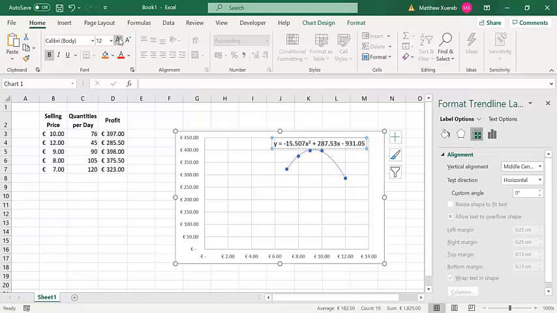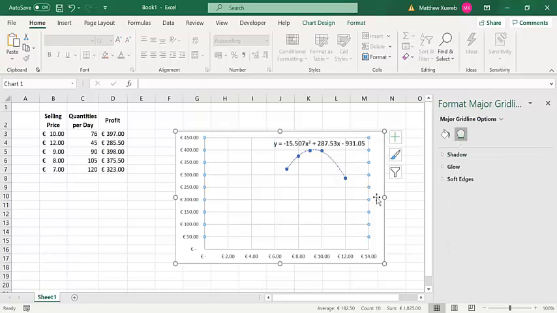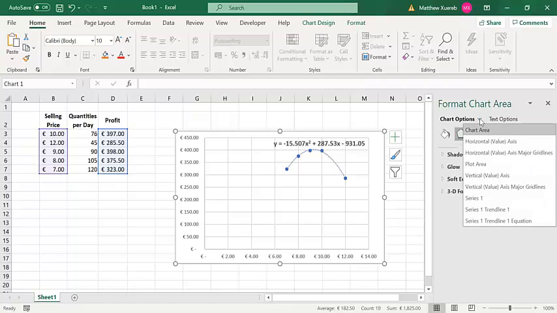Now, as you can see, the curve is only in this part of the chart. So if we want to be able to analyze it better, maybe we should remove this extra space in the chart which is not being used so that the curve will be displayed better. To remove any extra space from the chart, remember that you have to click on the chart, come on Chart Options.